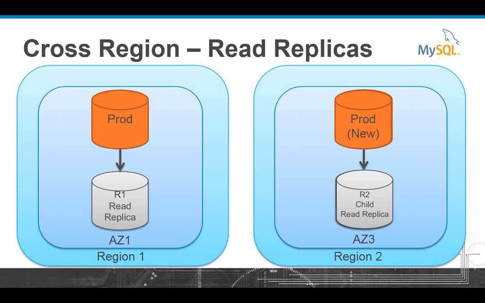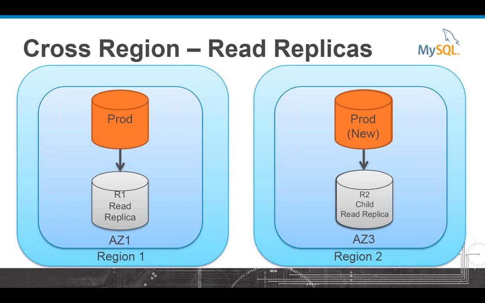So if a disaster affects an entire AWS region, you can promote your read replica in a different region as a master, and continue with your previous configuration for business continuity. Of course, the assumption here is you're also doing the same thing at your application level, so that you can resume operations quickly in a different AWS region.